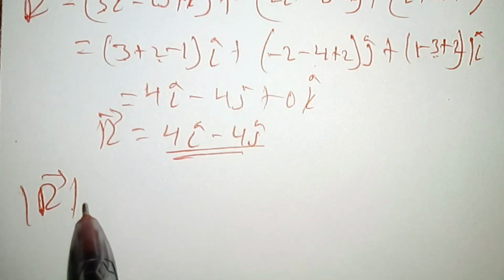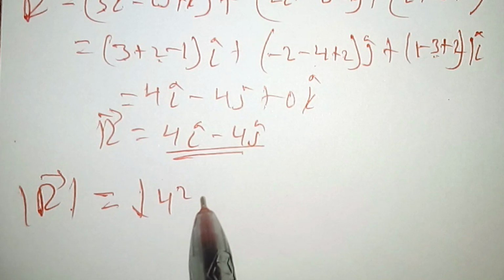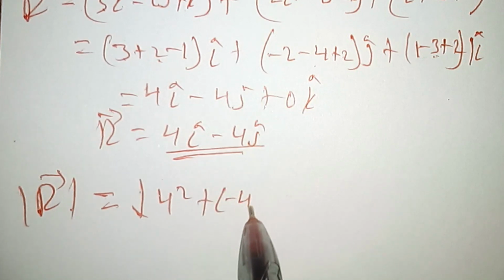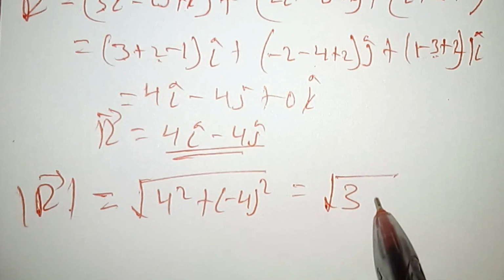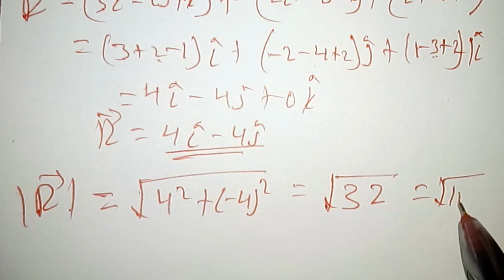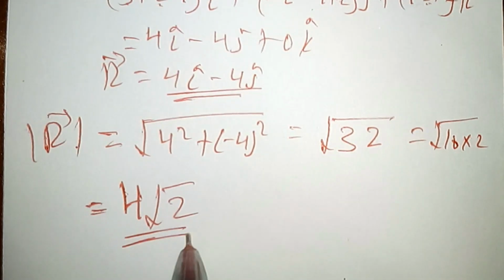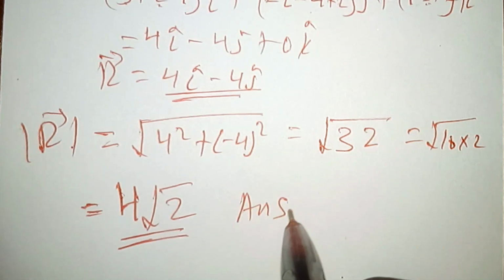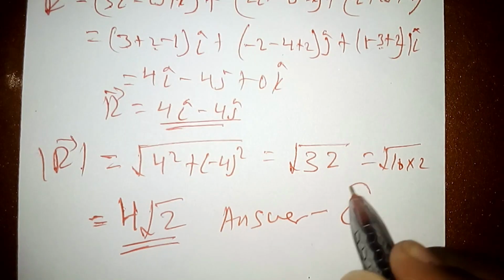The magnitude of vector r is equal to the radical of 4 squared plus minus 4 squared, which is the square root of 32. This means the square root of 16 times 2, or 4 into radical 2. So the correct answer is 4 into radical 2, which is C.